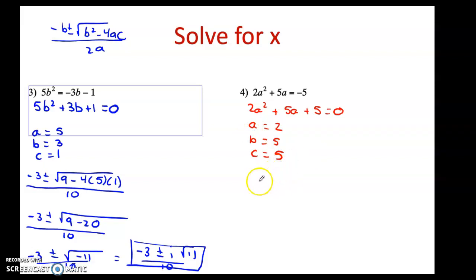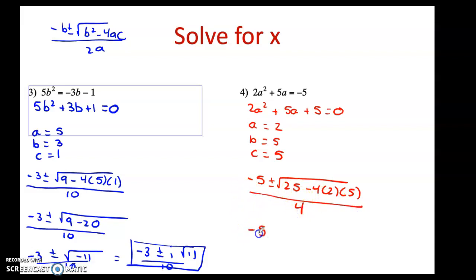So now we're going to substitute, and we're going to have negative b plus or minus the square root of b squared minus 4ac all over 2a.